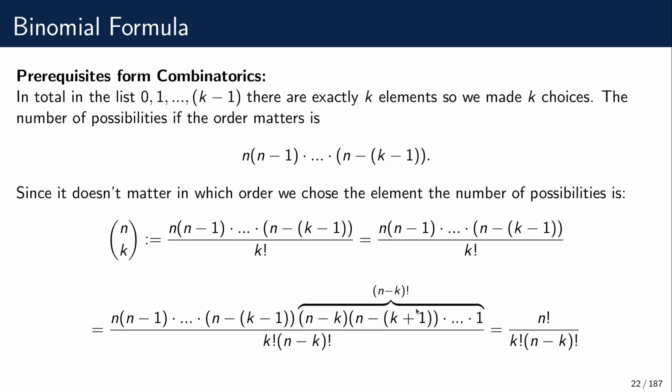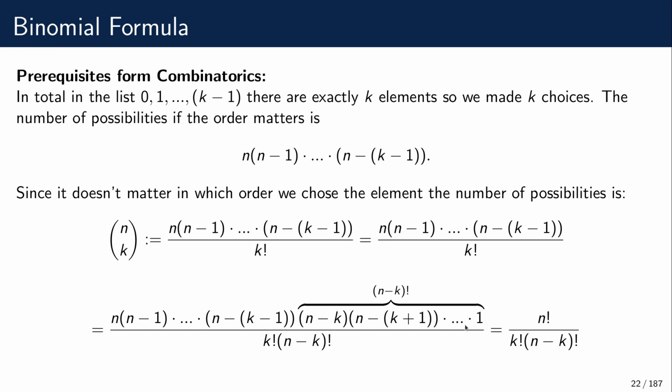And by definition, this number is n minus k factorial. So I wanted to add this here, so that I will have, as you guessed, n factorial on top. But in order for this to be correct, I need to correct it, so I divide by this in the denominator. And so now we see that this expression, the binomial coefficient, also referred to as n choose k, is equal to n factorial divided by k factorial times n minus k factorial.